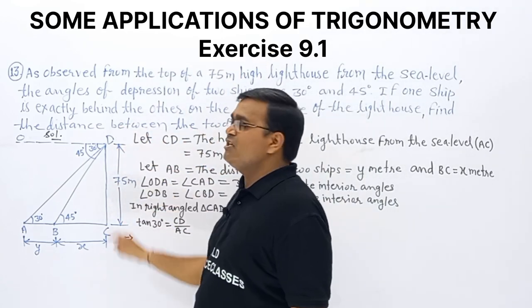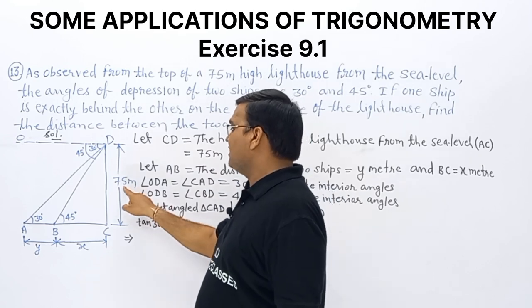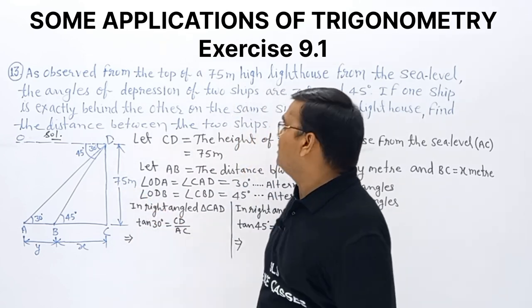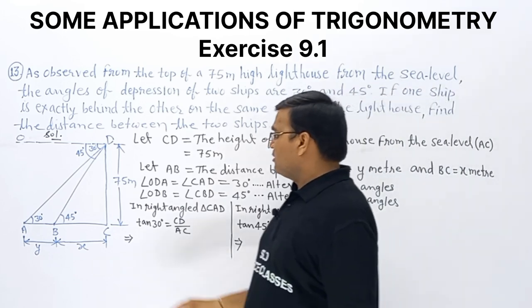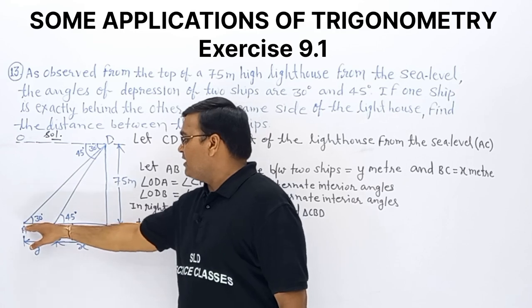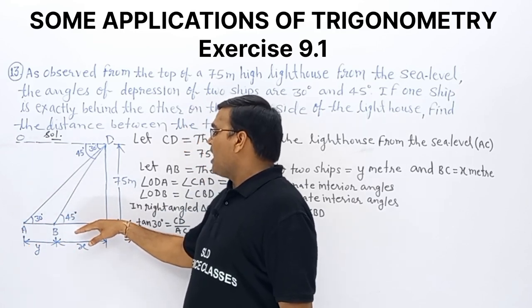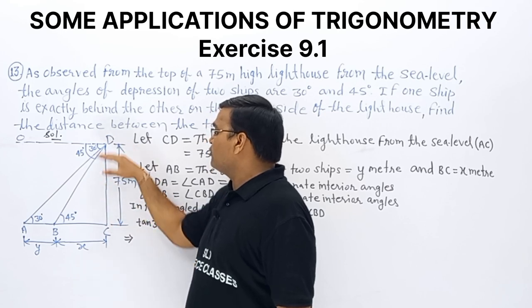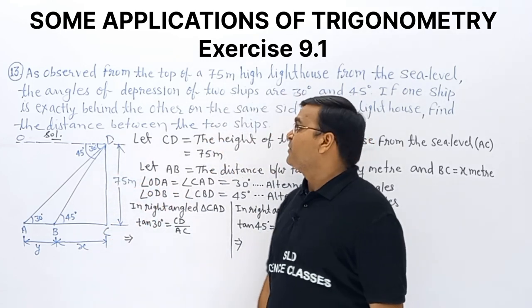We assumed CD is the lighthouse, and its height is given in the question as 75 meters from the sea level. How are we measuring this height? From the sea level. We have AC as the sea level. From this level, the height of the lighthouse is 75 meters. It is given in the question.